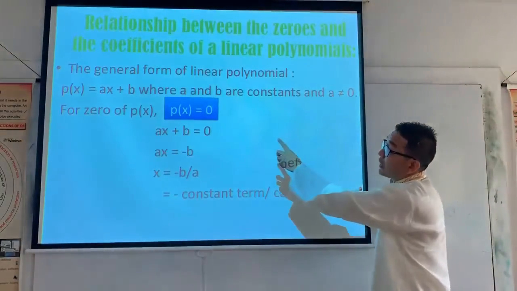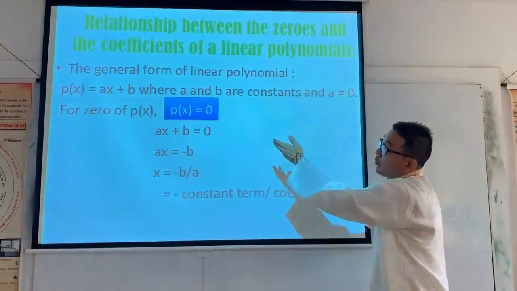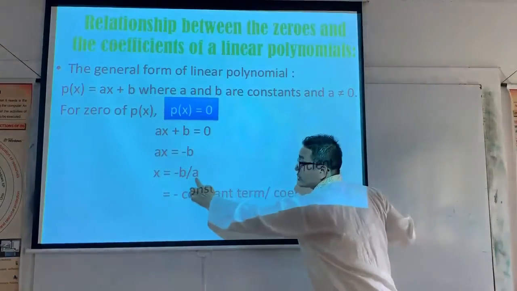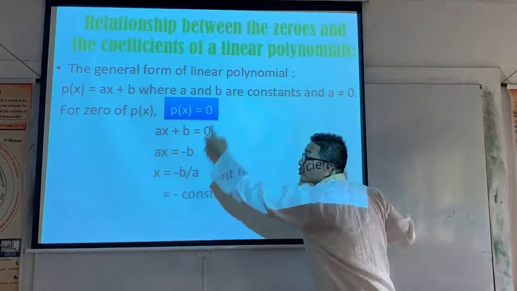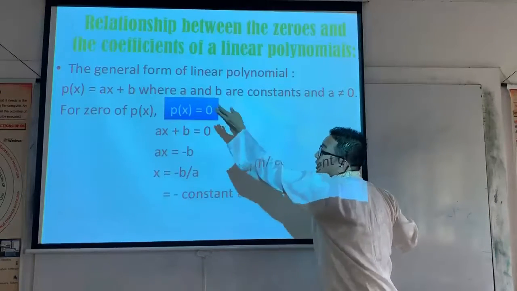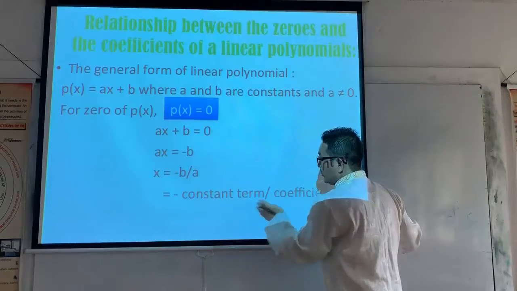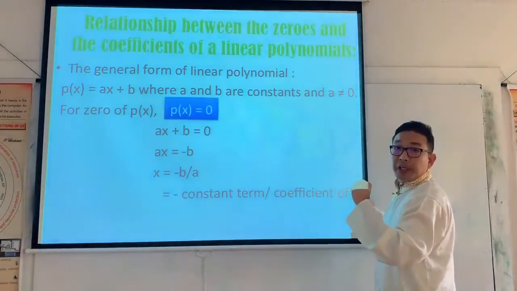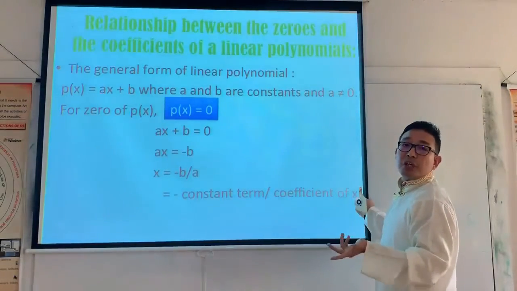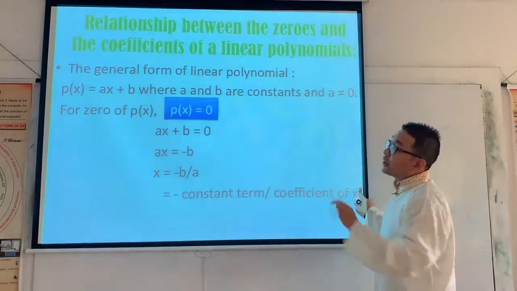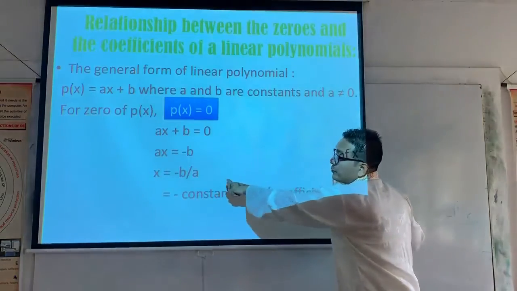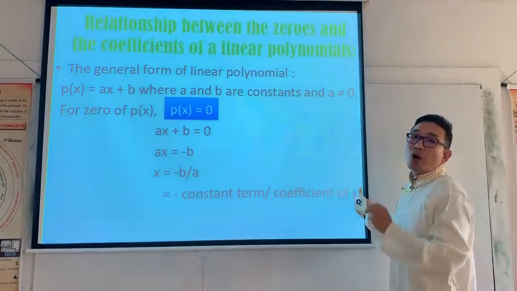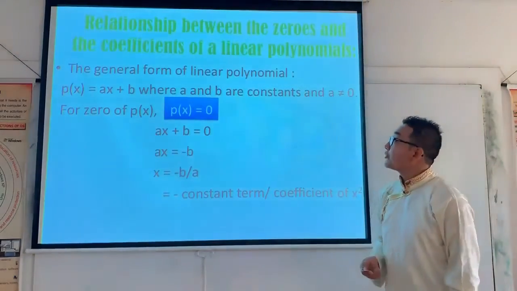So this is called the coefficient of x. For this linear polynomial, the zero is the ratio negative b by a, that is, negative constant term divided by the coefficient of x. You can find the zero of a linear polynomial this way.